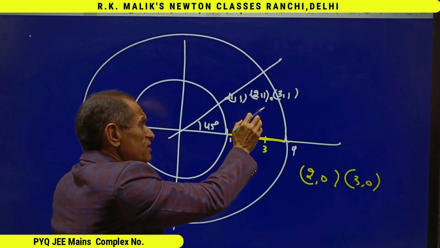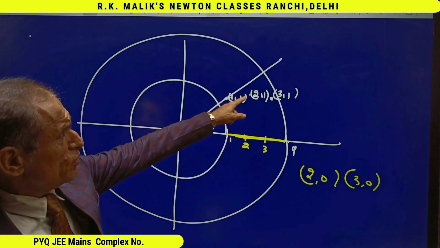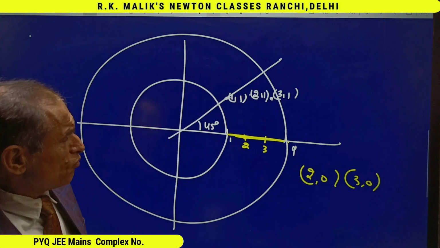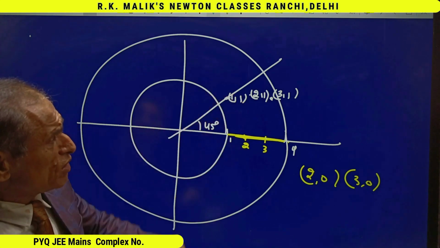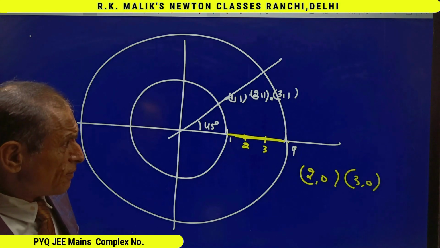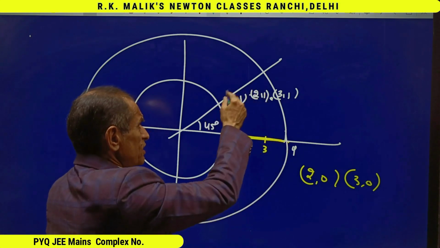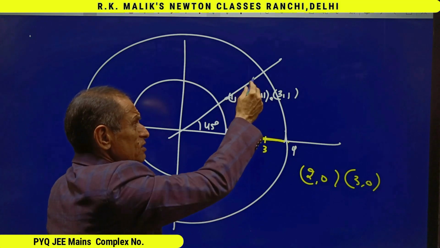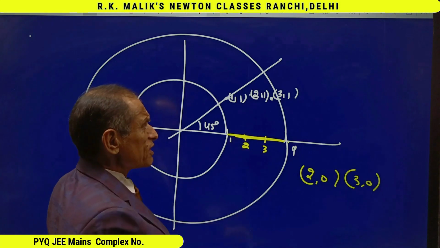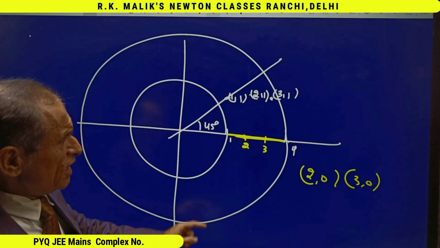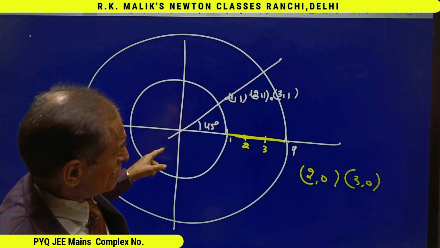The number of integral points in this portion and in this portion will also be the same, because if it is (2, 1), the image of this will be (1, 2). If (2, 1) lies inside the circle, then (1, 2) will also lie inside the circle. Therefore, I just find the number of integral points in this portion, that is, the number of points which have x coordinate bigger than y coordinate, and for x coordinate equal to y coordinate, those points will lie on this line.